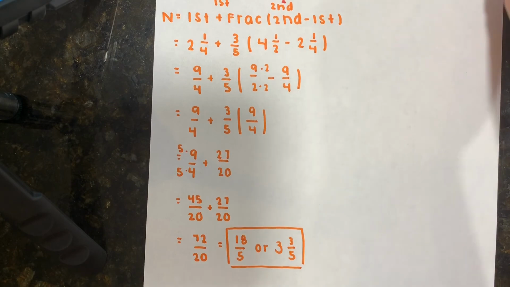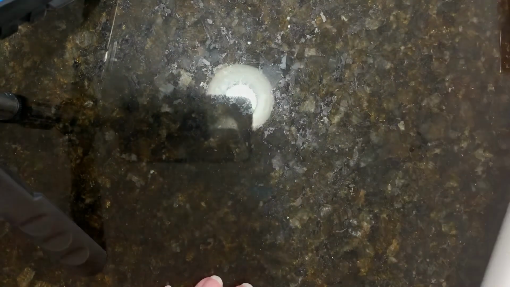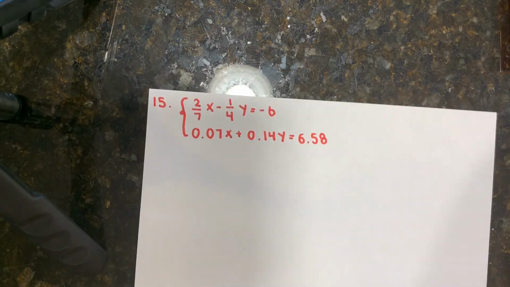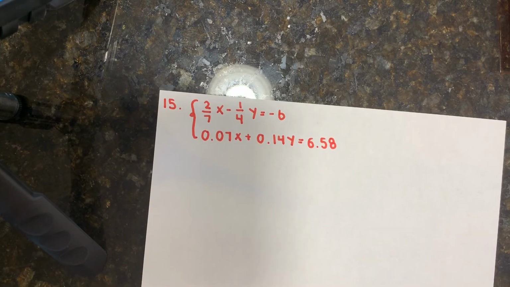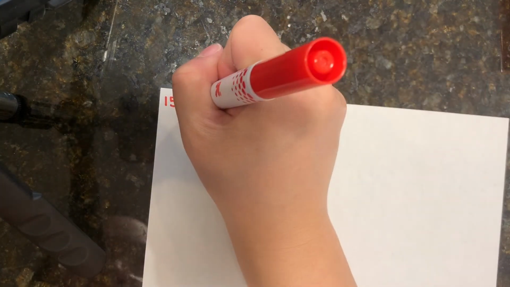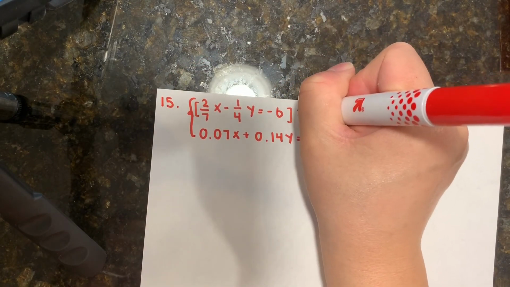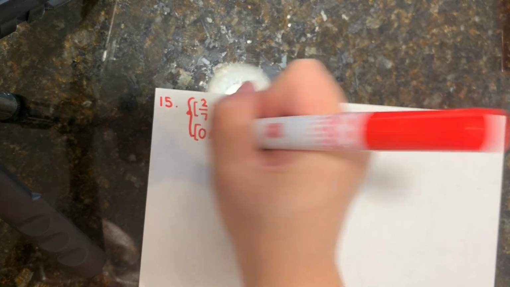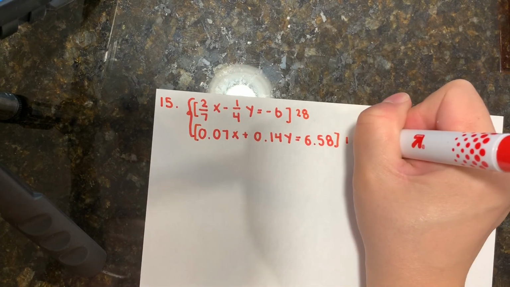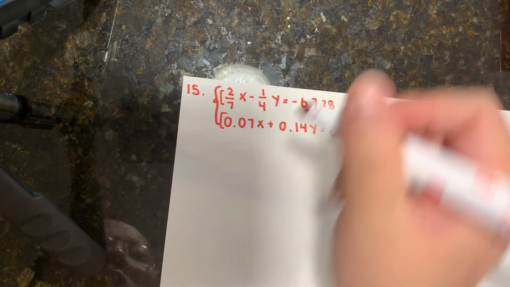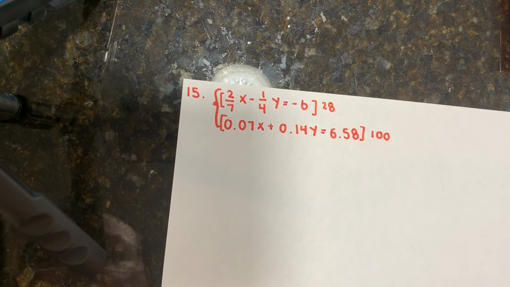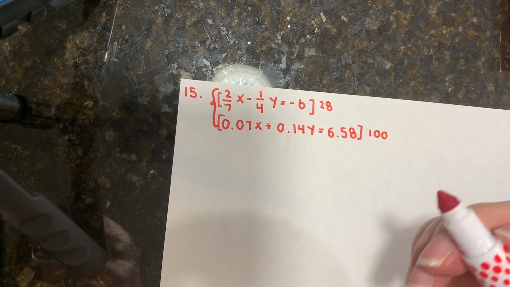Okay. And then the last problem that we're going to do is number 15. For number 15, the first thing I'm going to do is multiply this whole thing by 28 to eliminate the denominator. And the bottom one, I'm going to multiply by 100. So when I multiply the first one by 28, I would multiply the 2 by 4.